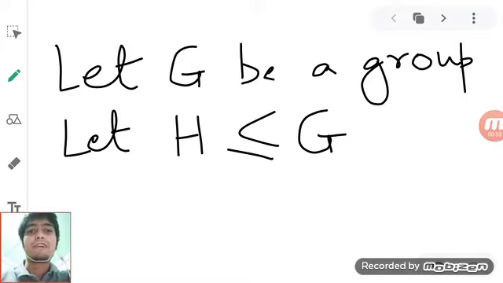Actually, there are two types of cosets. The first one is a right coset, and the second one is a left coset. Let us take a look at a right coset first, and then the left coset. They are very similar to each other, but there's just a bit of difference.